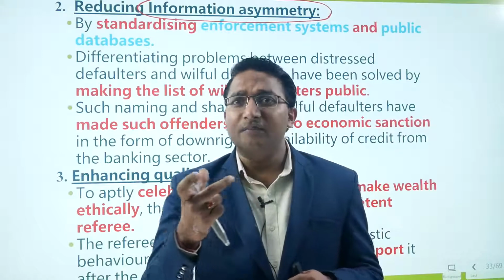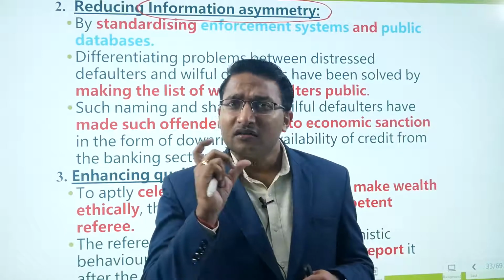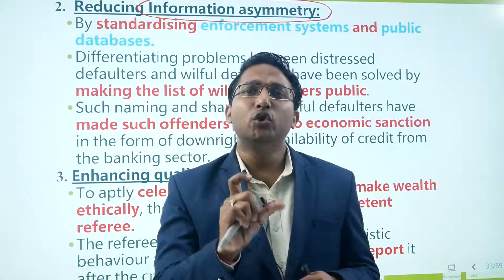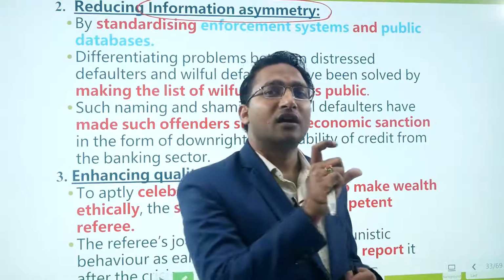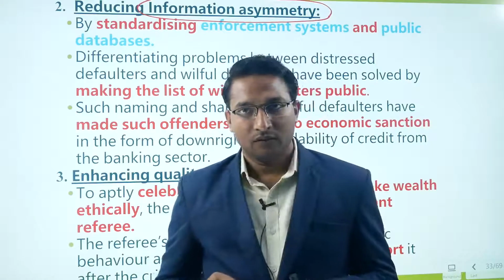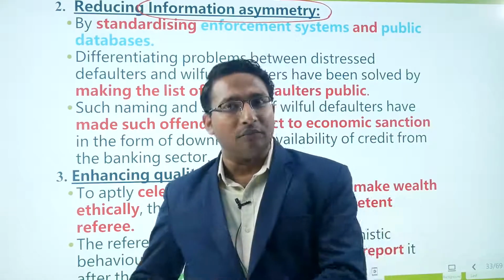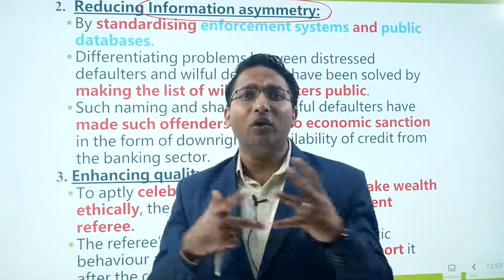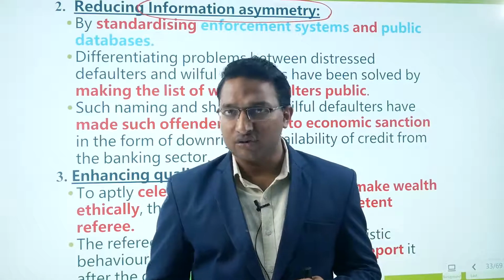And why do these rights and privileges come? Because the people at the top, like the IAS officer, have huge access to the information, while the people at the bottom, whether they are in the government or outside government, don't have access to the information.